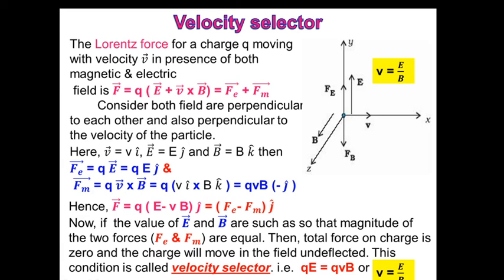If the total force is zero, then the particle will move uniformly, without any deviation, undeflected.